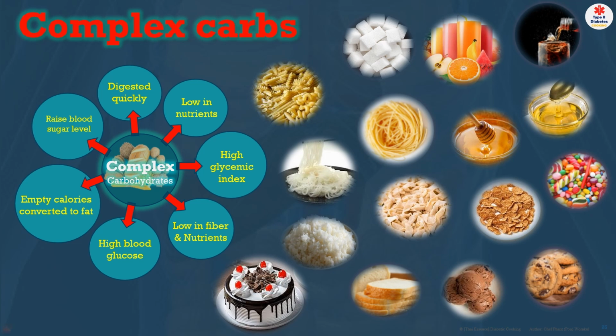We digest it quickly, and it's very low in nutrient, because the nutrient is mostly gone when they do the processing. They don't have that much left. It becomes high glycemic that way.